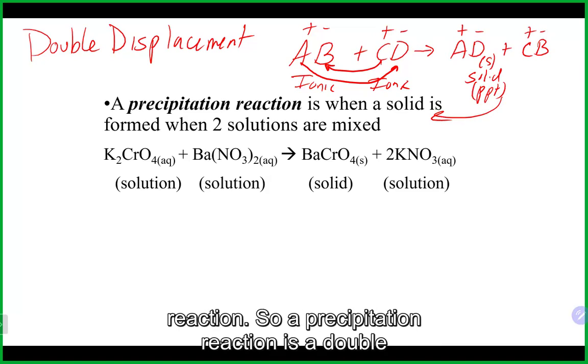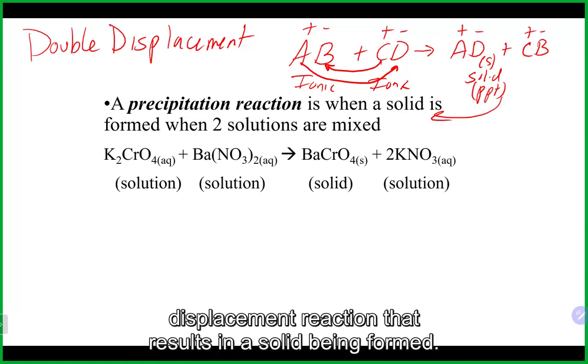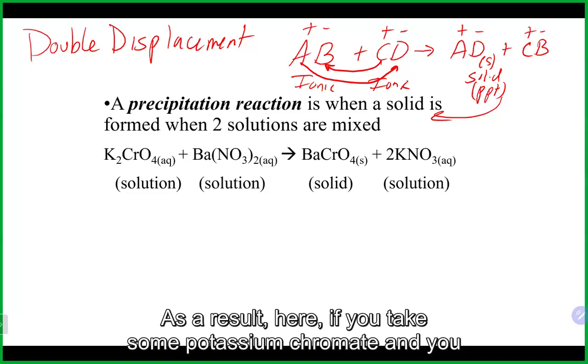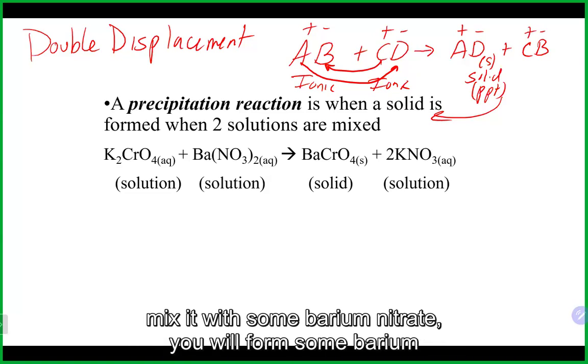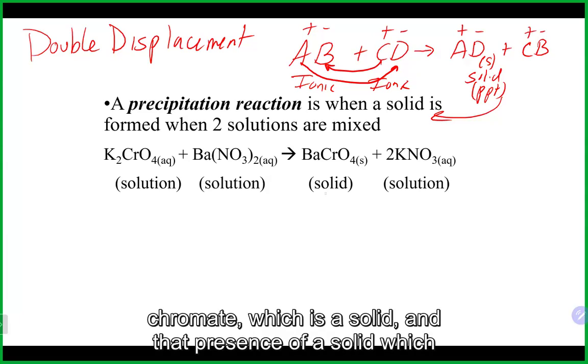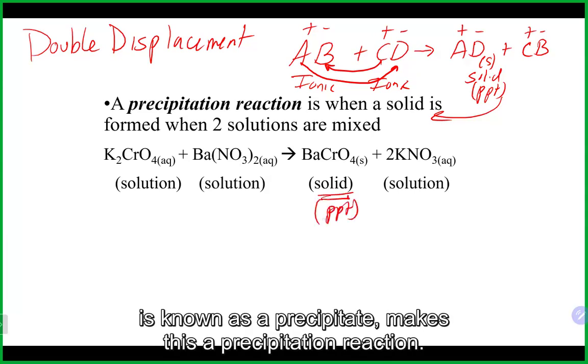So a precipitation reaction is a double displacement reaction that results in a solid being formed. As a result here, if you take some potassium chromate and you mix it with some barium nitrate, you will form some barium chromate, which is a solid. And that presence of a solid, which is known as a precipitate, makes this a precipitation reaction.